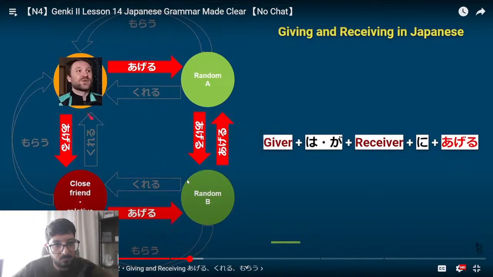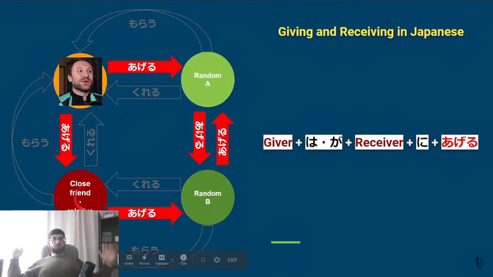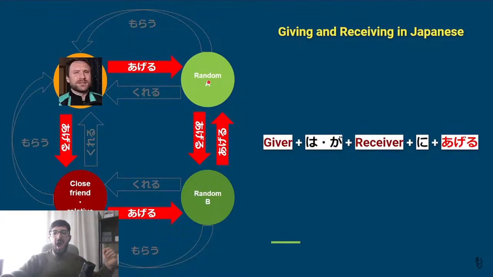My close friend. So then I'm going to use ageru. Andy wa close friend ni ageru. I'm going to give something to someone random. Maybe someone I don't know very well or someone I've never met before. Andy wa random A ni ageru. Right?